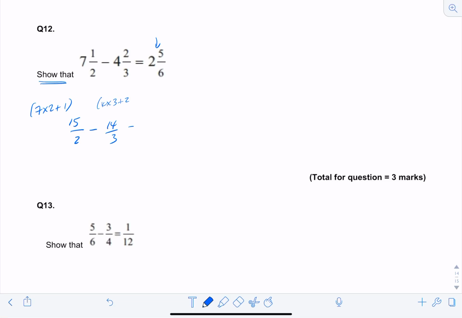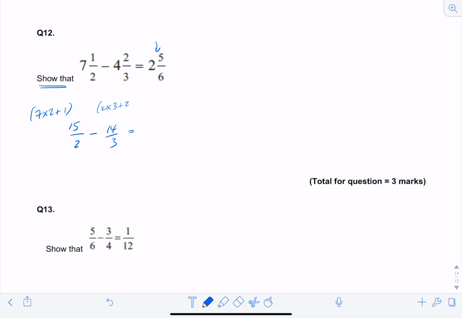Okay. Now, here we've got different denominators. So we're going to need to convert them into the same denominator. So I'm going to times this one here by 2, and this one here by 3, the top and the bottom.